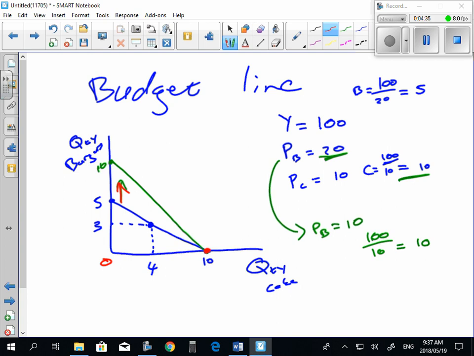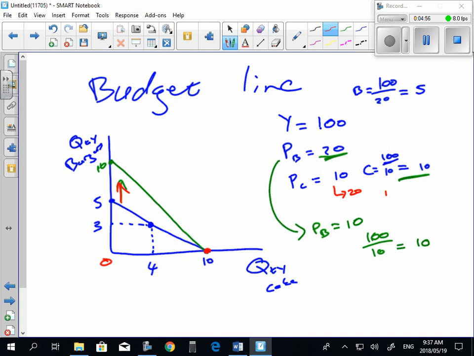Then they can say, show the impact of a change in price on your budget line. And that's what we just drew there. What if, on the other hand, the price of Coke increased from 10 Rand to 20 Rand a can?